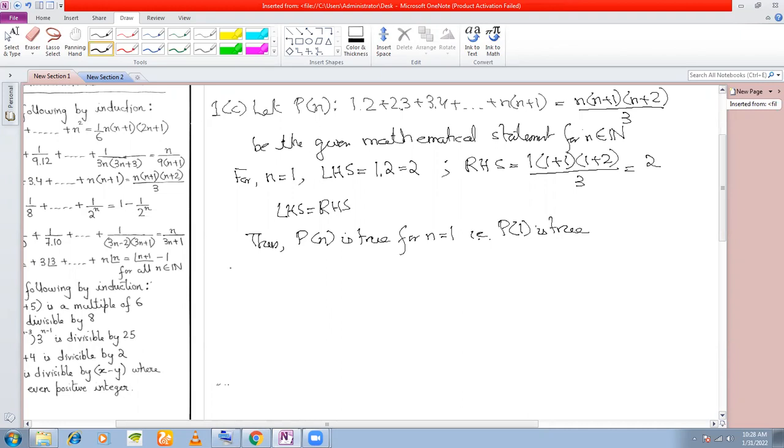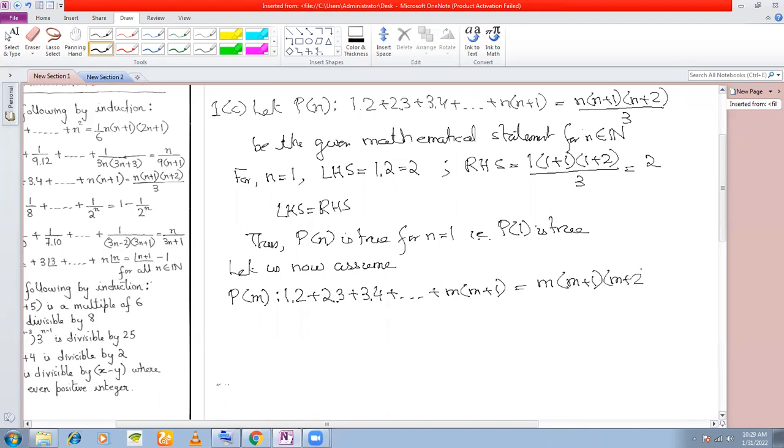Now the second part, that is, we need to show that Pm plus 1 is true whenever Pm is true. So let us now assume Pm: 1 into 2 plus 2 into 3 plus 3 into 4 up till m into m plus 1 is equal to m into m plus 1 into m plus 2 divided by 3, where m is a natural number.